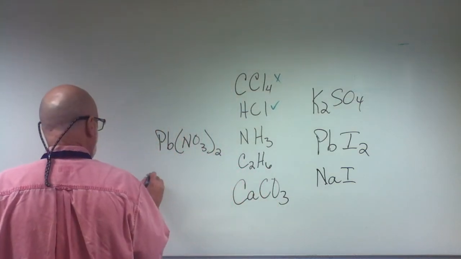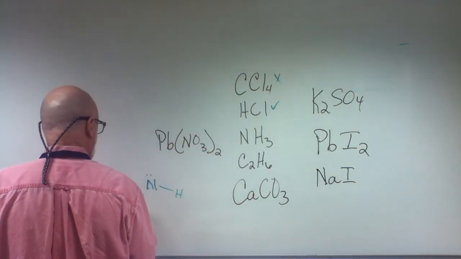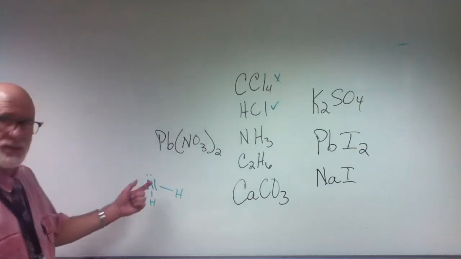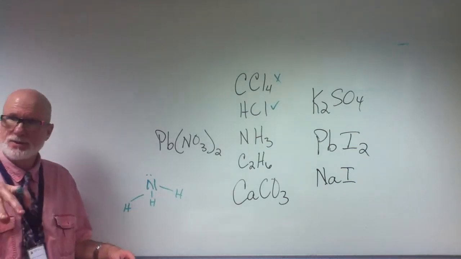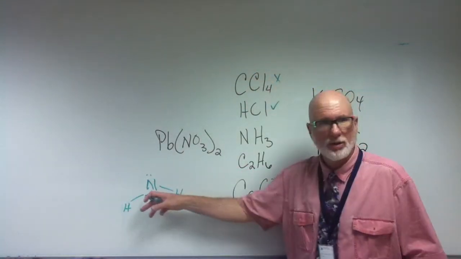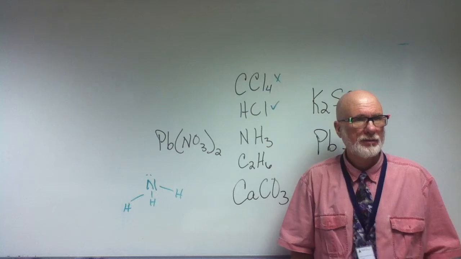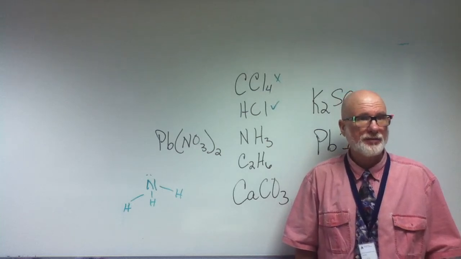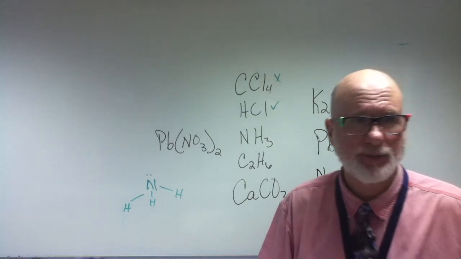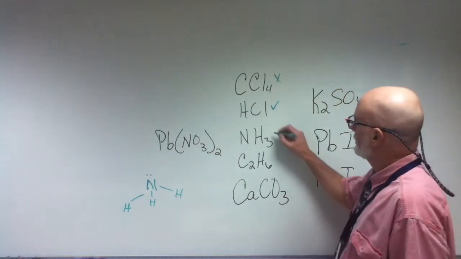Remember, it looks like this. So you have this, remember, it's slightly trigonal pyramidal, right? So is that polar or non-polar? It's polar. So will it dissolve? Yes. It's one of the most soluble gases that exists. It's extremely soluble. So that's going to dissolve.